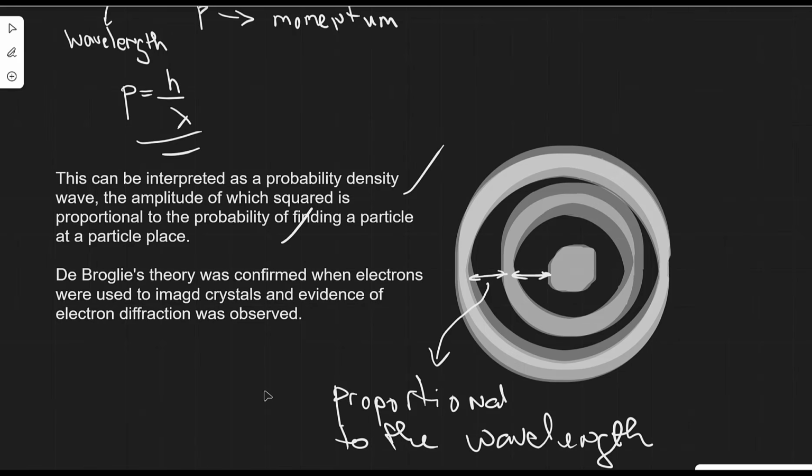Now in crystallography, you fire off electrons to try and study the internal structure of a crystal. And what actually happens is that we observed diffraction, which was amazing. So de Broglie's theory was confirmed when, to everyone's surprise, we fired some electrons at a crystal and saw a circular diffraction pattern.